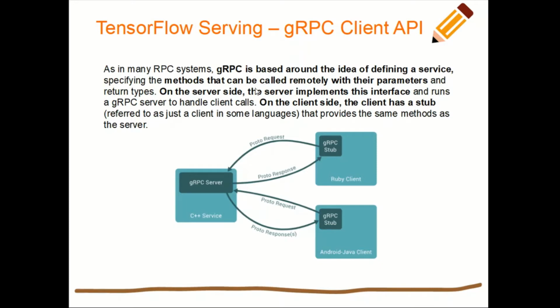The interface is like an input output definition, and the server is going to implement that interface, and on the client side we can use a gRPC stub, and for each language we have a different kind of stub. Even though in this picture we are showing only Ruby or Android, there are many other languages in which the client for gRPC is supported. Okay, so that is one way of invoking the deployed model.